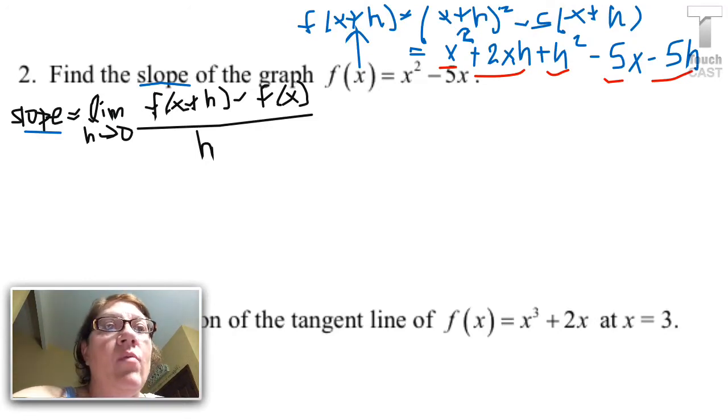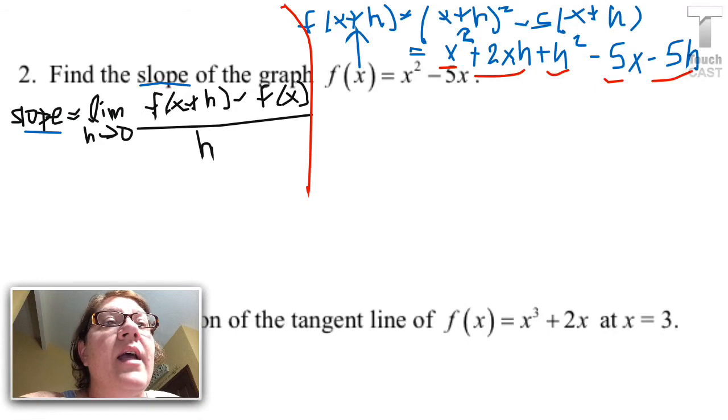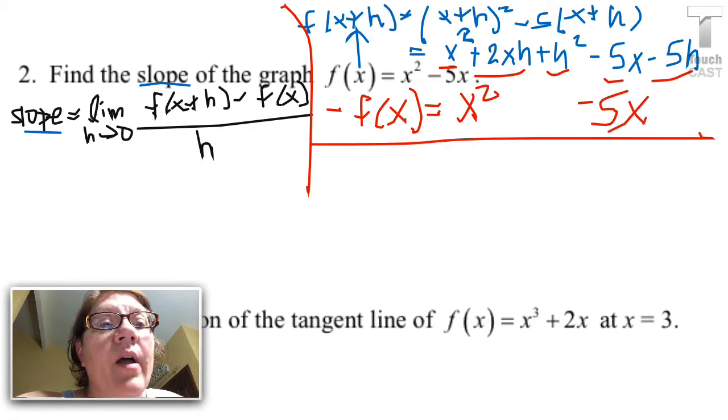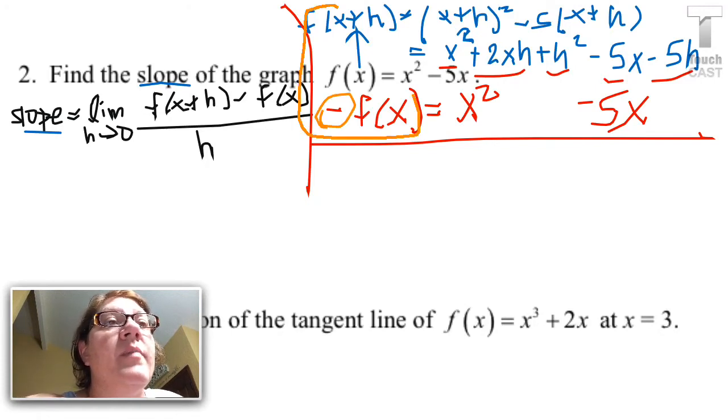Okay, so then I want to take that f of x plus h and subtract f of x. I like to stack them on top of each other, and you'll see how nicely things line up. So f of x, of course, I was given as x squared minus 5x. Now remember, I'm subtracting. On the left side, this is all of my numerator right here.